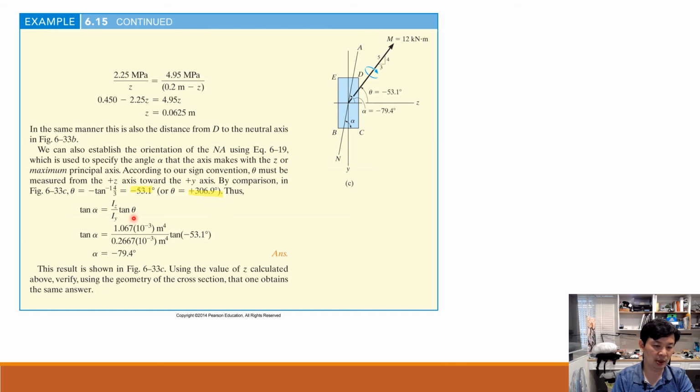Either way, you can substitute into tangent theta, and iz, iy you can substitute together. Then after that, you get alpha as minus 79.4. Based on this direction, this is the theta of the moment, and this is the alpha for NA. You will find that the NA really does not lie along any direction of them. It's just in the middle of y and the moment. Okay, very special.